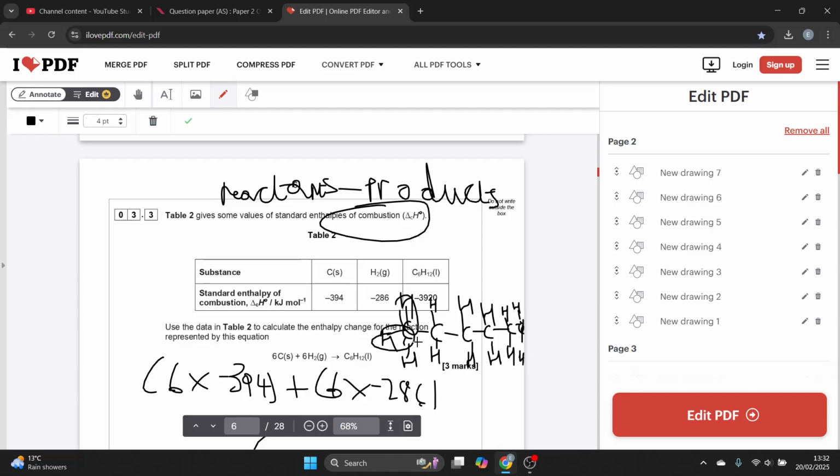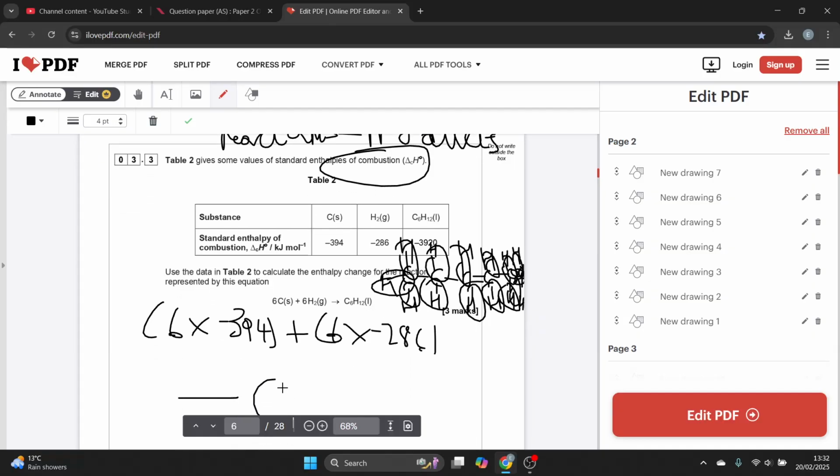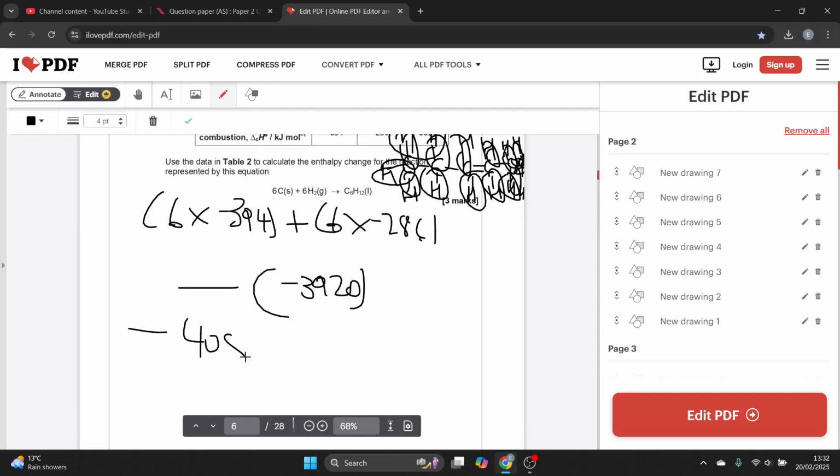I'm going to have 1, 2, 3, 4, 5, 6, 7, 8, 9, 10, 11, 12, 13, 14 CH bonds. Oh no, it's already giving me C6H12 as minus 3920. So 6 times by minus 394 plus 6 times by minus 286 minus 4080 minus 3920. Two negatives become positive. Oh no, sorry, plus 3920 minus 160.